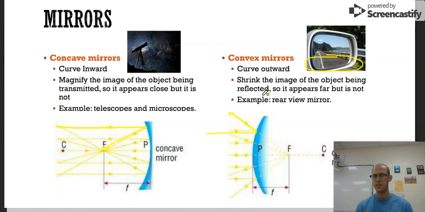But it also makes the things we're seeing seem like they're coming from a light source farther away, but they're not. They're actually coming from a closer distance. So objects are closer than they appear to be.